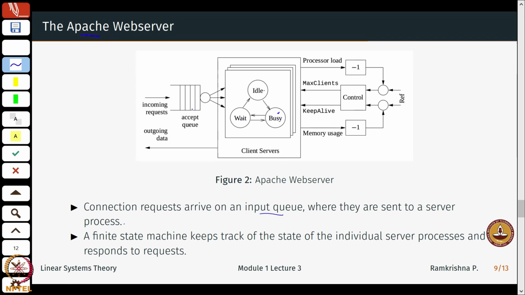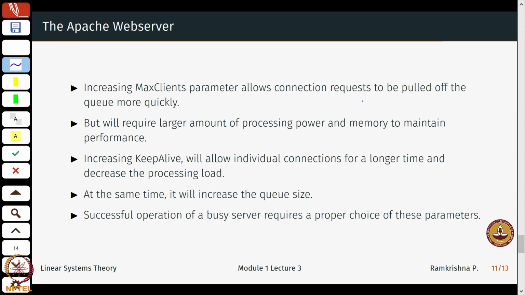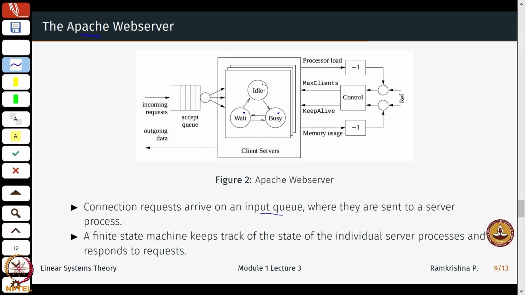Instead, the worker waits to see if there are any further requests from the client. Now how long does it wait? Well, there is some predefined quantity called the KeepAlive time. If the KeepAlive time is 2 seconds and you do not respond for 2 seconds, the connection is terminated and the worker goes back to the idle state.